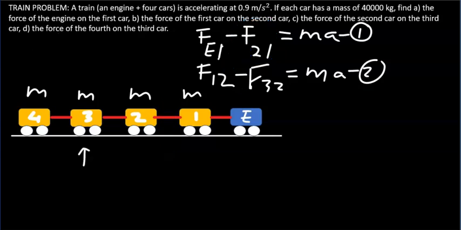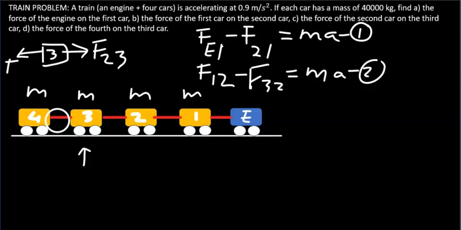Now let's look at the free body diagram of car number 3. The force on 3 due to 2, we can write as F23. It opposes the force on 3 by 4, which happens in that link, and the direction is backward. So let's write that as F43. The mass is again m, and the acceleration is a.